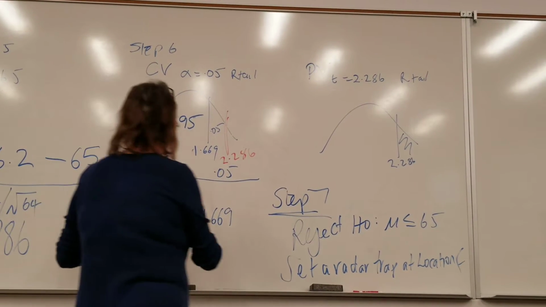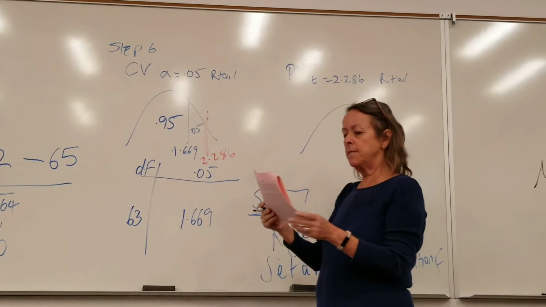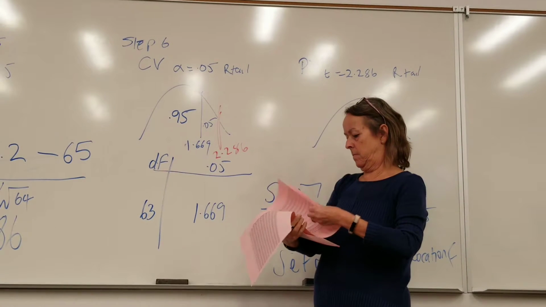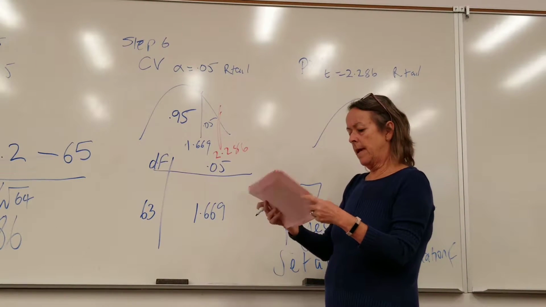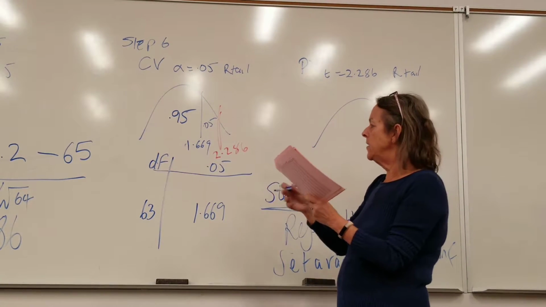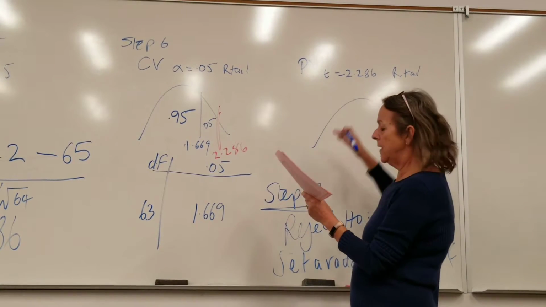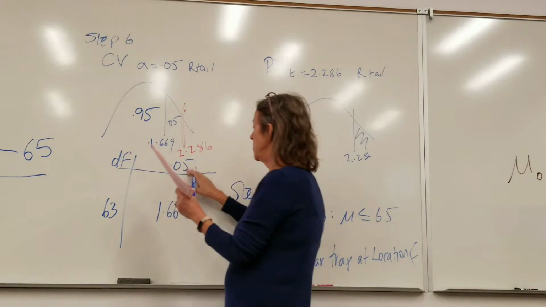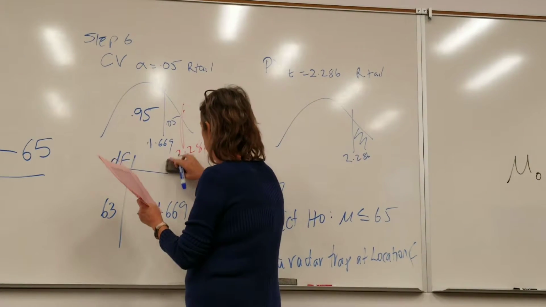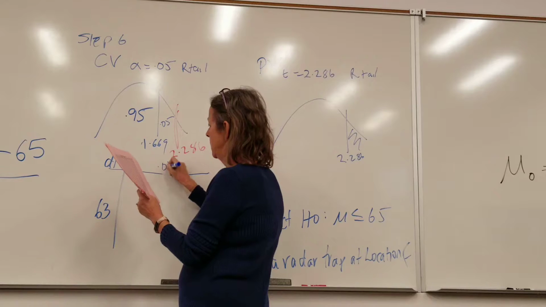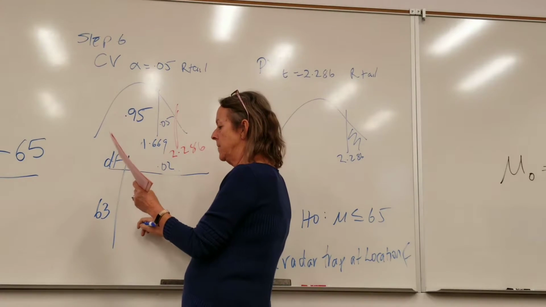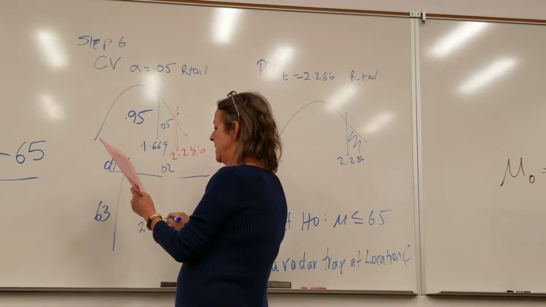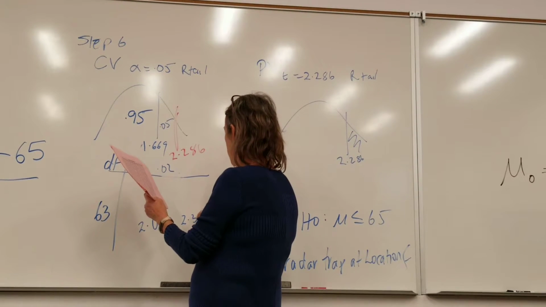So if you look, you have to go to degrees of freedom of 63. Okay, and you look along that line and you're looking for 2.286. So you should see that when you're looking along, the closest numbers you see are 2.097 and then you see 2.387.